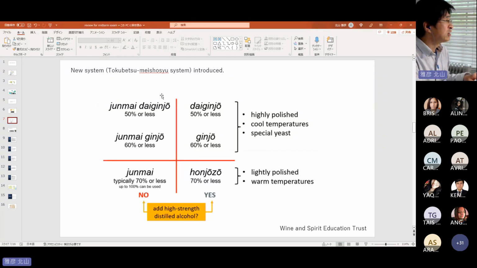When we do not add any distilled alcohol, we can put the word junmai, meaning pure rice, on the label of sake. So if you find the word junmai on the label, you can tell that the sake does not have any distilled alcohol.